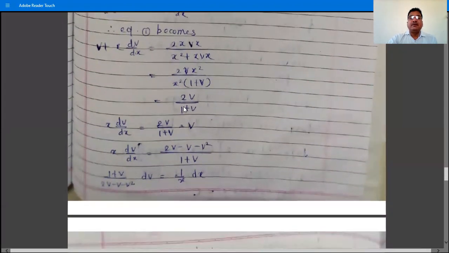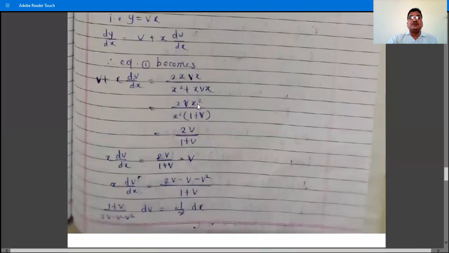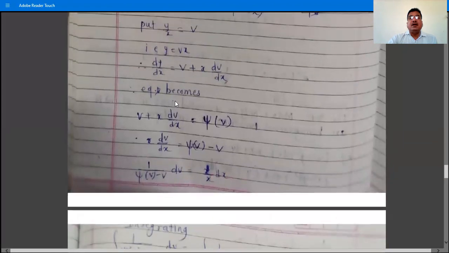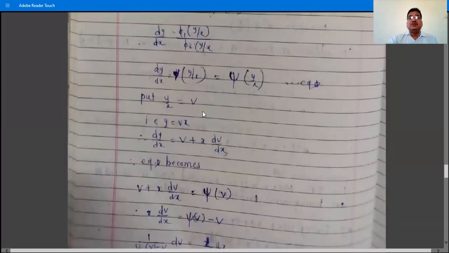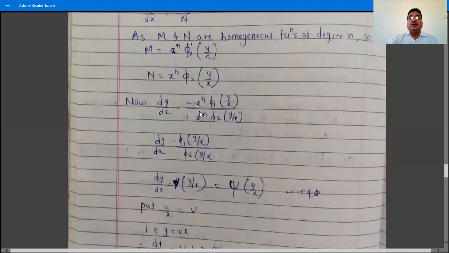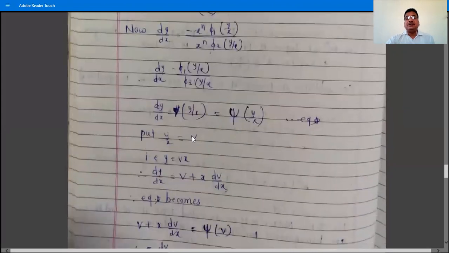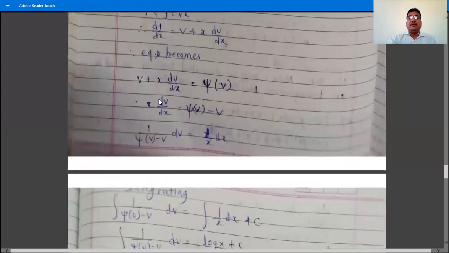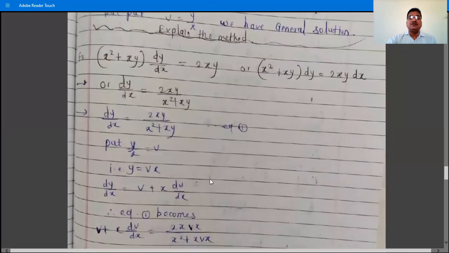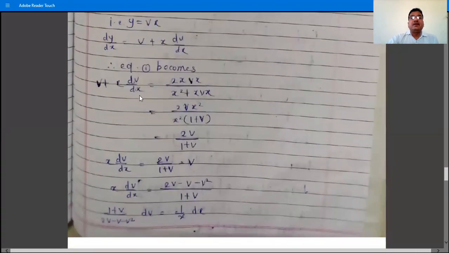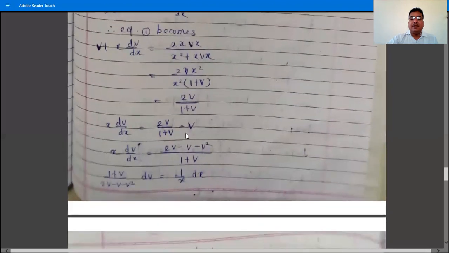So we have 2v divided by 1 plus v. Shift this v to the RHS. So here we have x dv by dx is equal to 2v divided by 1 plus v minus v.